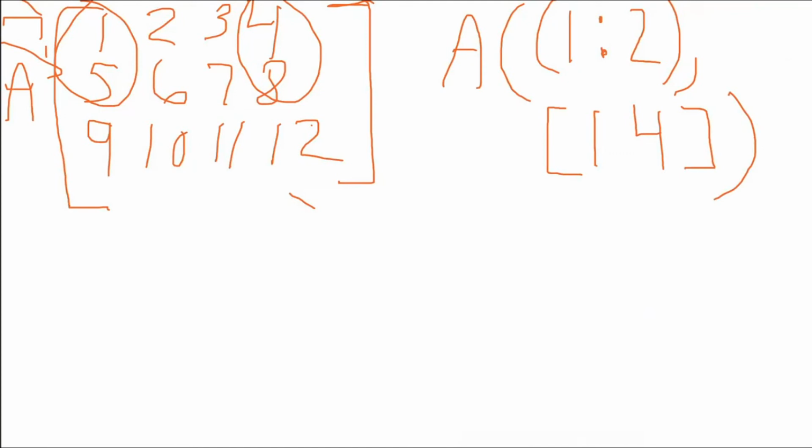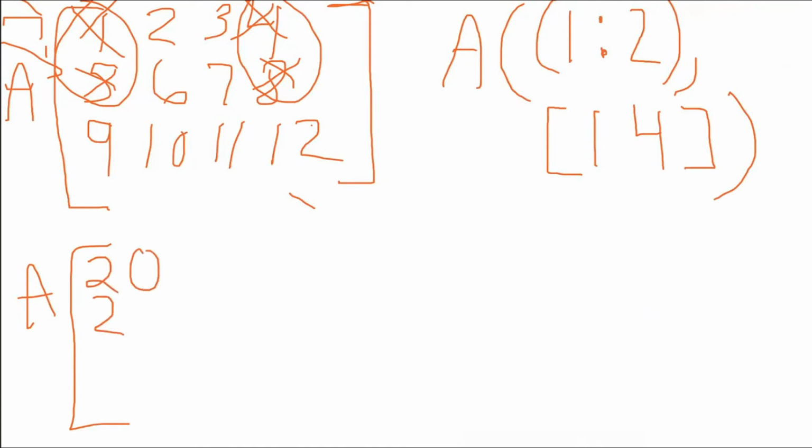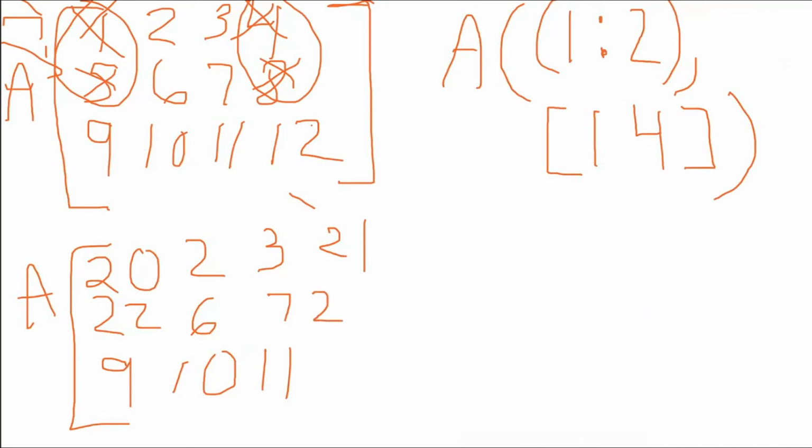We wanted to replace these here so that A ends up looking like this: 20, 22, then 9, 2, 6, 10, 3, 7, 11, 21, 23, and 12. So this is our new matrix, what we want.